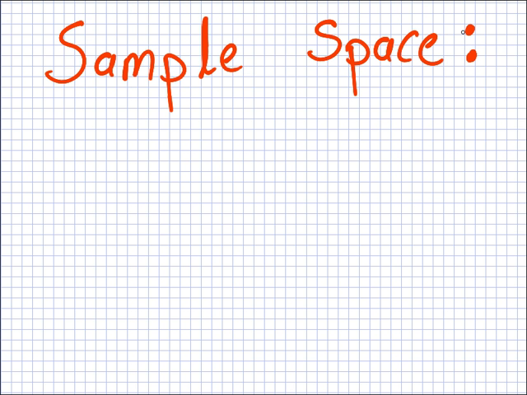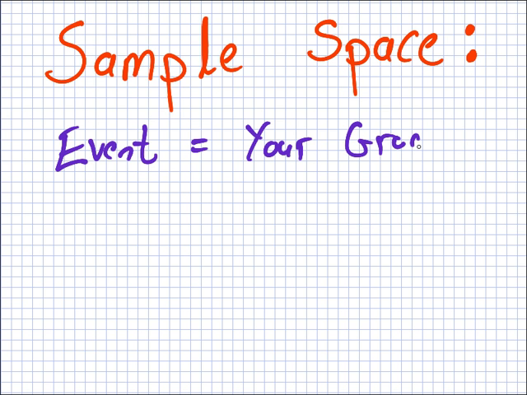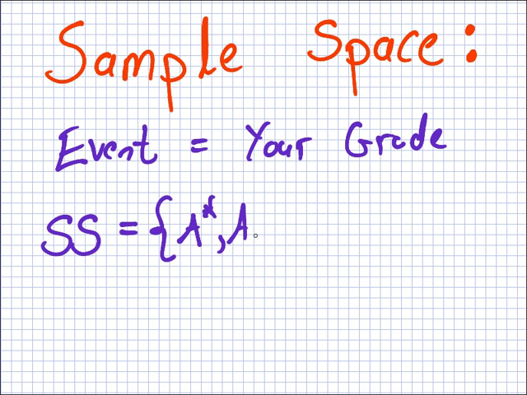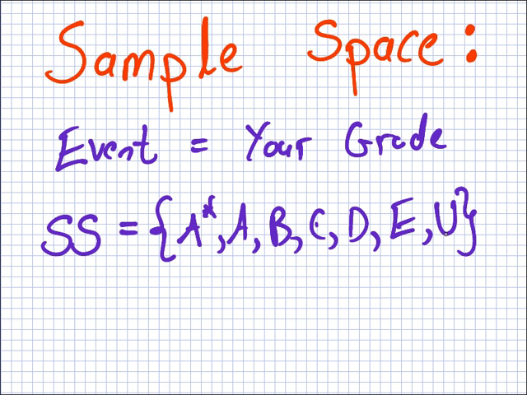So, sample space is a space of all the possible outcomes that could happen for an event. So like if you consider, for example, the event, your grade in maths, then the sample space, I'll just write SS for sample space, is all the possible outcomes to that event, which would be A star, A, B, C, D, E, and U. Okay?